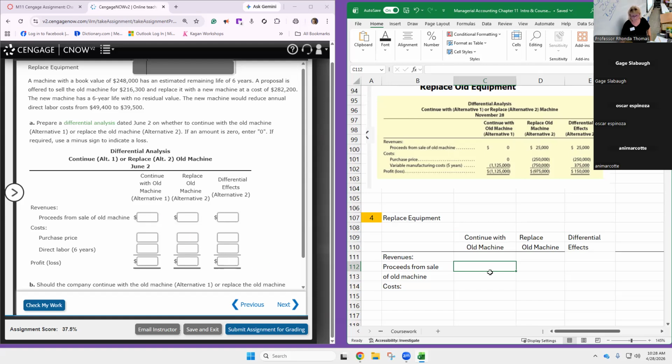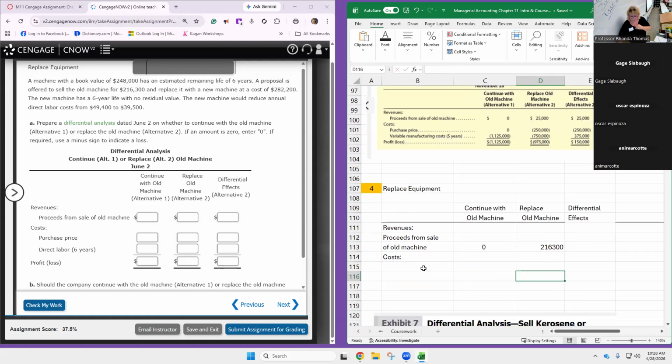So this is going to be 0 here, and then this is going to include that 216,300. Now I'm going to put this in, and these are proceeds, so this is money coming in. So it's going to go in as a positive number.